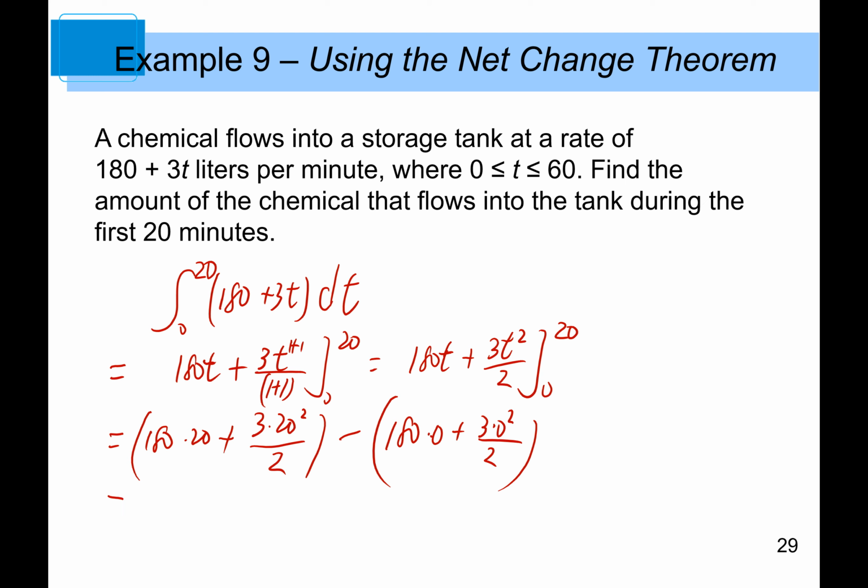So we end up with 3600 plus, 20 squared is 400, 400 times 3 is 1200, over 2. So it's 3600 plus 600, which is 4200.